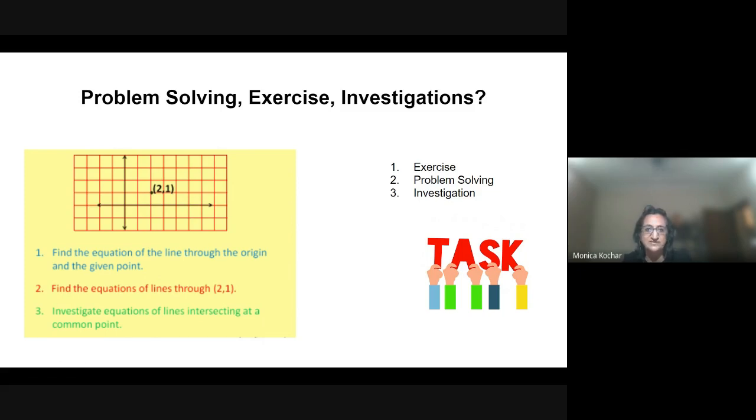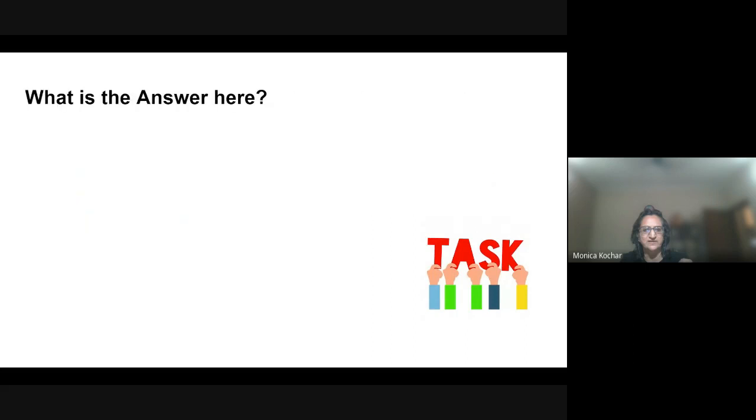So this is what investigation is. And out of the three, it becomes the highest cognitive skill that the children are engaged with. Exercise is the lowest, slightly higher I would say HOTS kind of questions is next, and then open-ended investigation is the third.